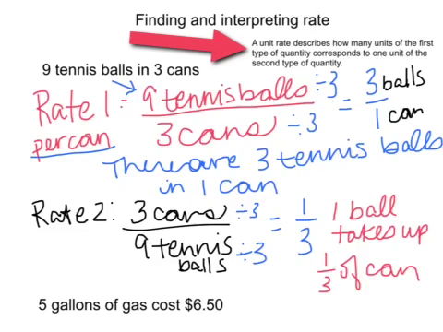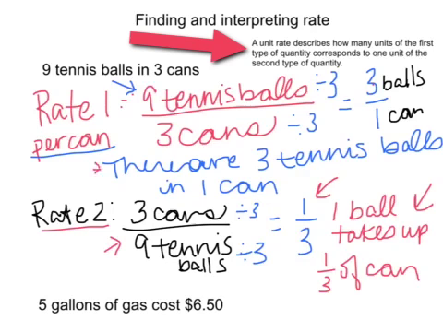Okay, so I have now gone through my first rate. This is my rate, again, my unit rate, and my interpretation. And up here, it was my rate, my unit rate, and my interpretation.